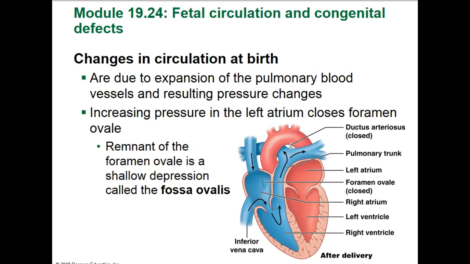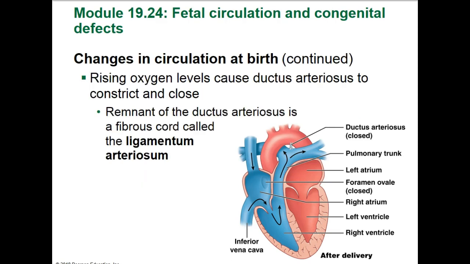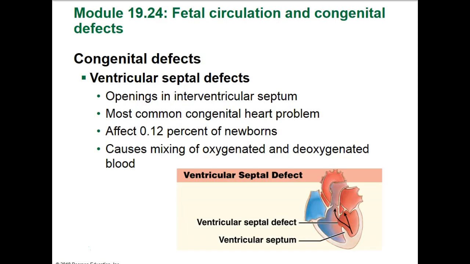It's a shallow depression we call the fossa ovalis. Eventually, rising oxygen levels cause the ductus arteriosus to constrict and close. And you still see a remnant of the ductus arteriosus. It's a fibrous cord we call the ligamentum arteriosum.